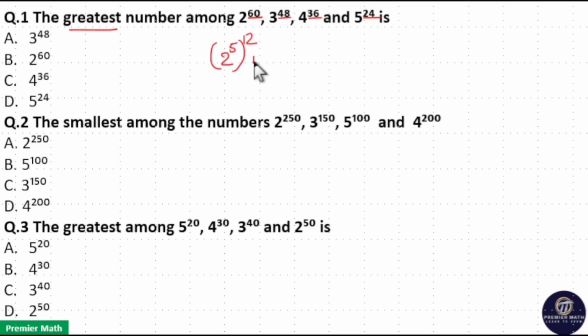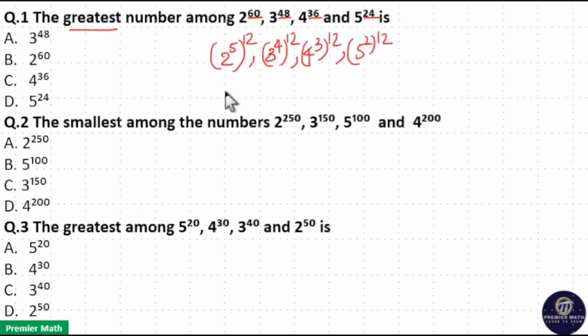Same way 12 into 4 is 48, so 3 raised to 4, the whole raised to 12 is 3 raised to 48. And here 36 is equal to 12 into 3, so 4 cube, the whole raised to 12, which is 4 raised to 36. And 12 into 2 is 24, so 5 square, the whole raised to 12, which is 5 raised to 24.